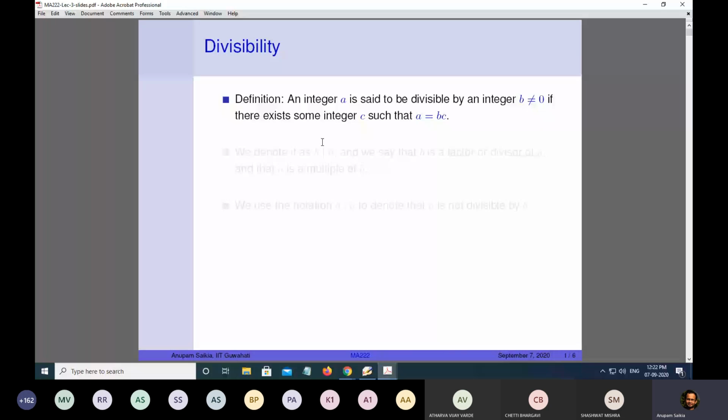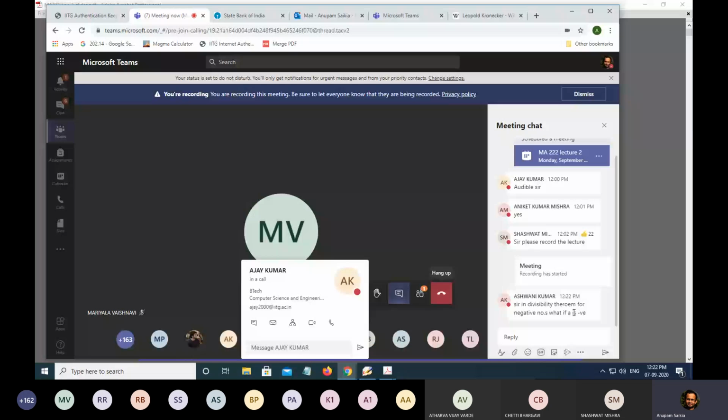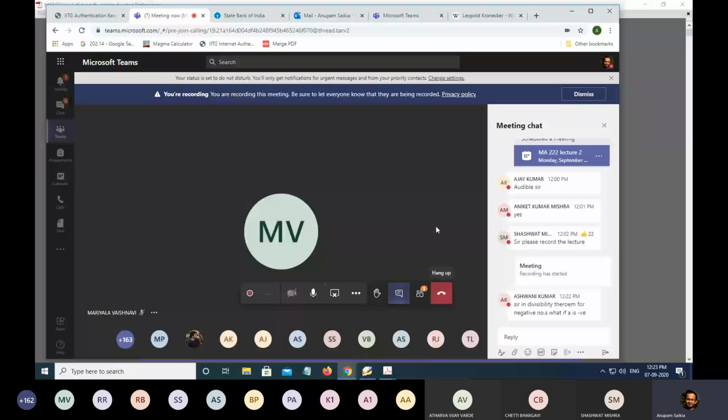So what do we mean when we say... Let me just open this slide once. Okay, there's a question: in the division theorem, what happens if A is negative? It does not matter what we are dividing. Suppose I am dividing minus 60 by, say, 9. That's not a problem because we can still get a positive remainder.